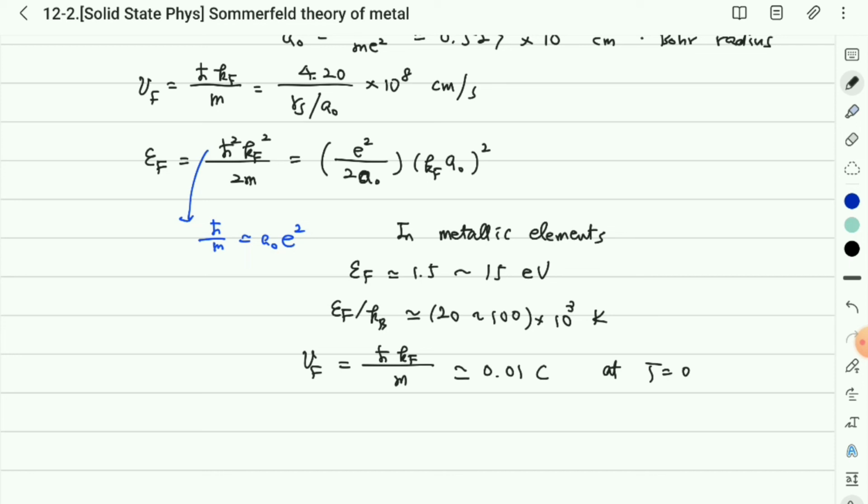Therefore, the thermal excitation is negligible, because the Fermi energy level is about tens of thousands of Kelvin, and room temperature 300 Kelvin is negligible. The thermal excitation is not comparable to the Fermi energy.